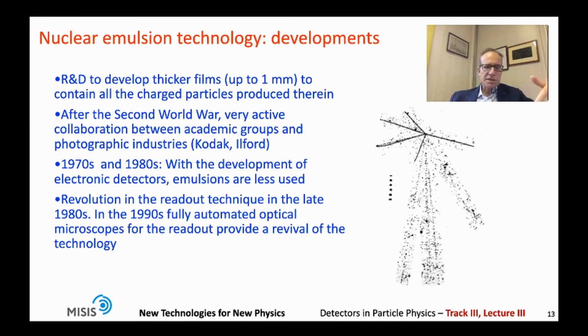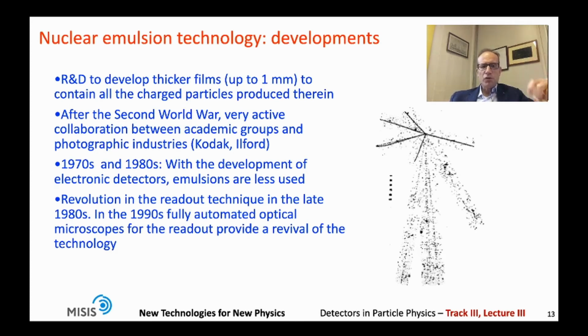So then after the Second World War there was a very active collaboration between academic groups and photographic industries, in particular the Kodak and the Ilford companies. In the 70s and in the 80s, with the development of electronic detectors, emulsions were less and less used.